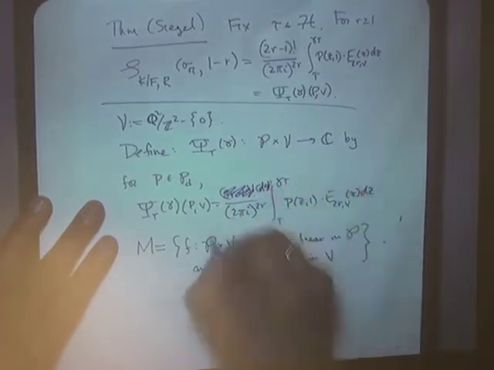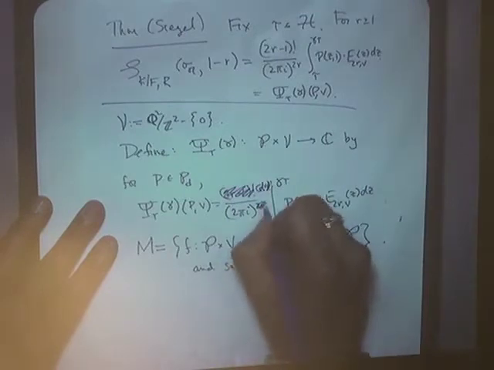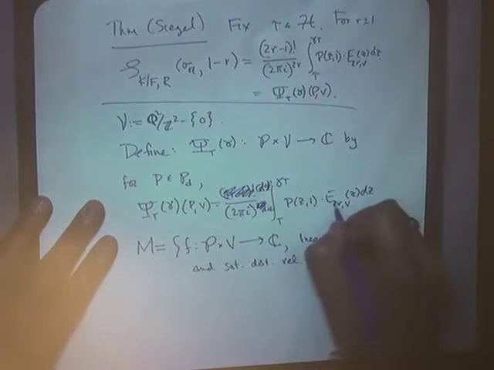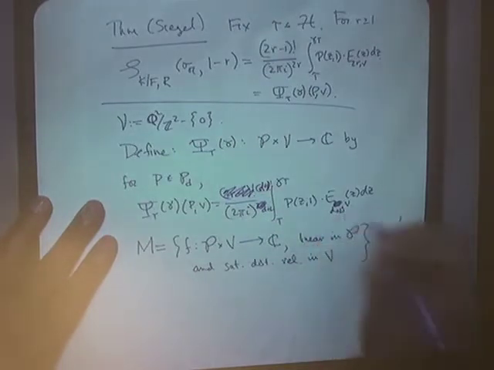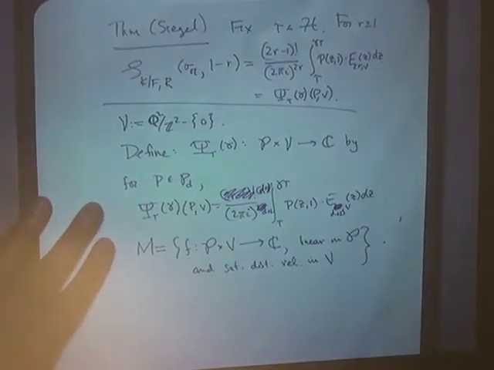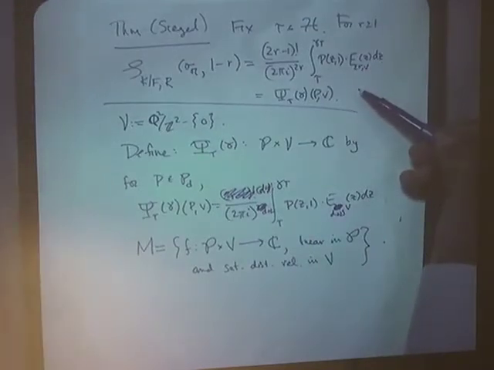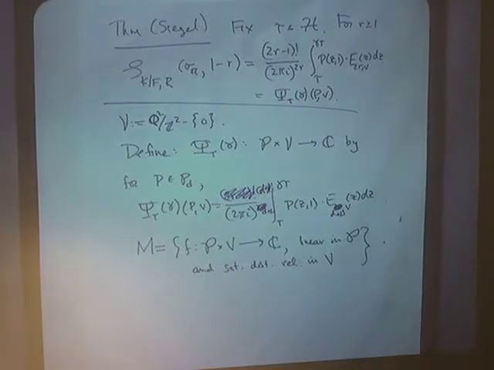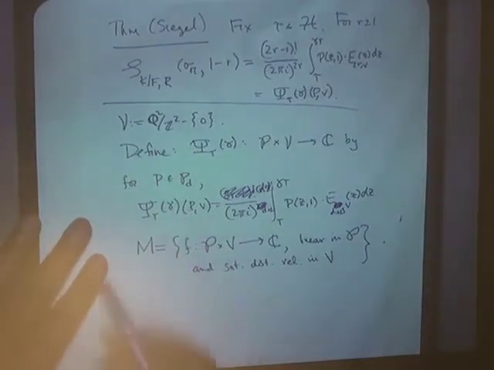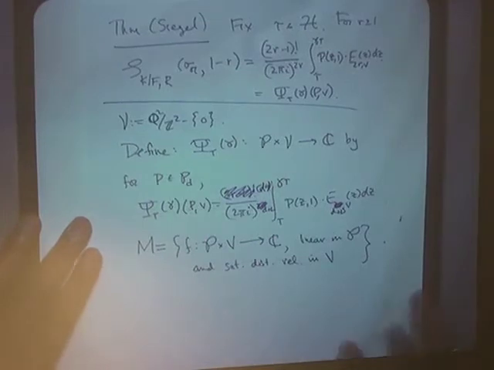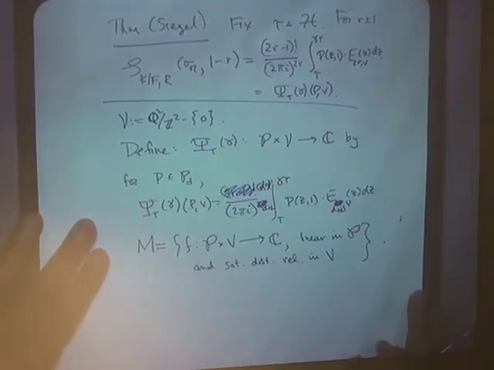I just thought I could copy it, but I wanted to change it a little bit. This is d plus 2, and this is d plus 2. Thank you, sorry. So in this case, r is 2r, d is 2r minus 2. d is fixed for a given p, and then you define it by linearity for general p. So you use a different Eisenstein series based on which homogeneous polynomial you take.